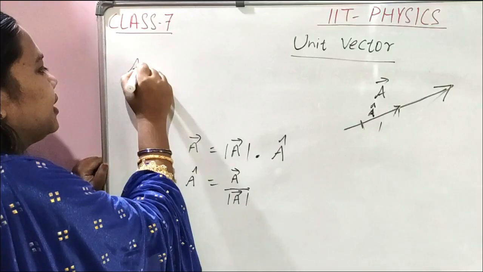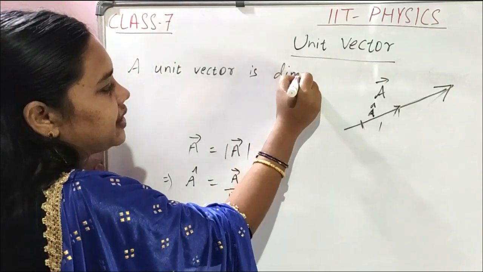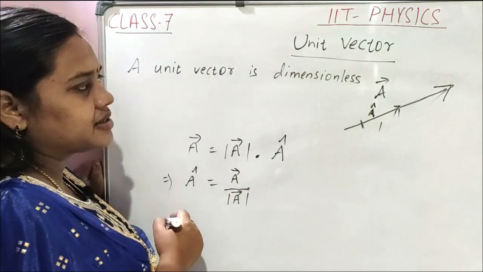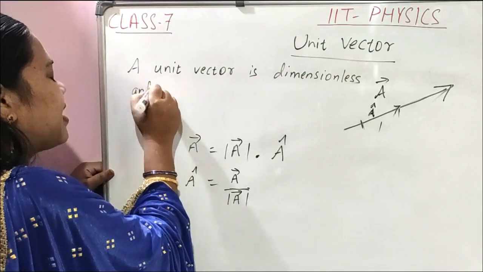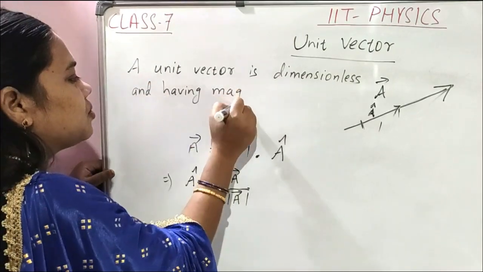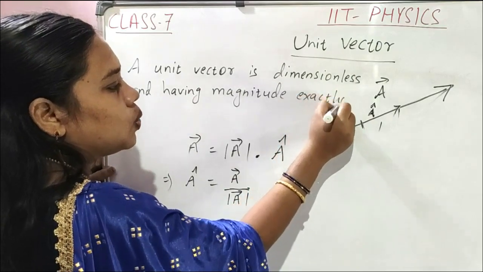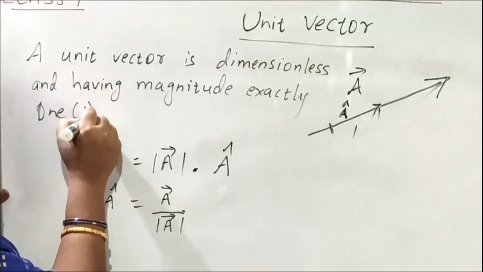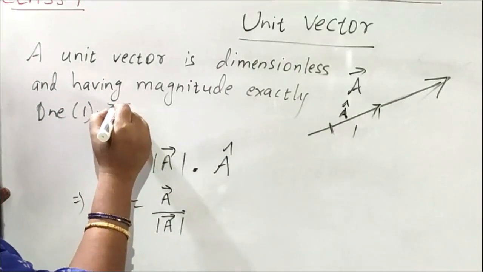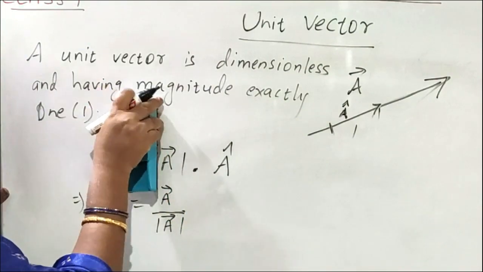A unit vector is dimensionless and has magnitude exactly 1. You can write 1. Its significance is that it is used for giving the direction.